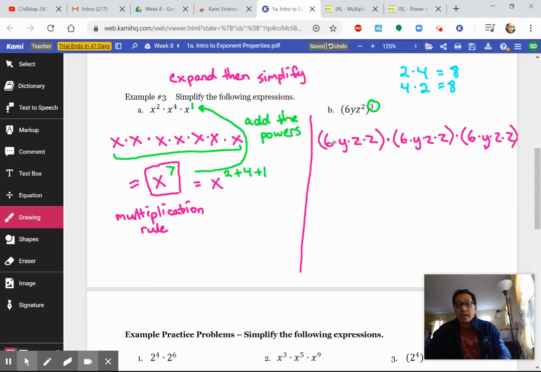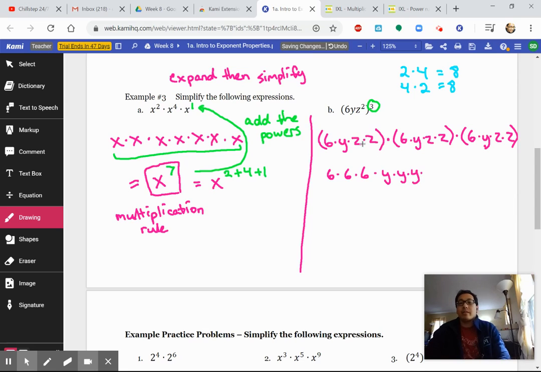So let's look at our 6's. Let's rearrange, kind of reorder things. We've got a 6 times a 6 times a 6. What about our y's? We've got a y times y times y. Times, how about the z's?